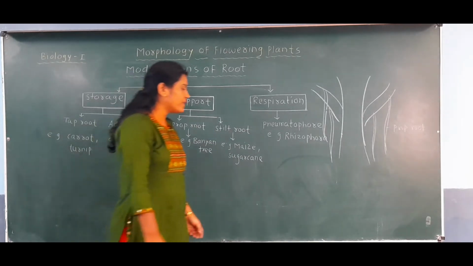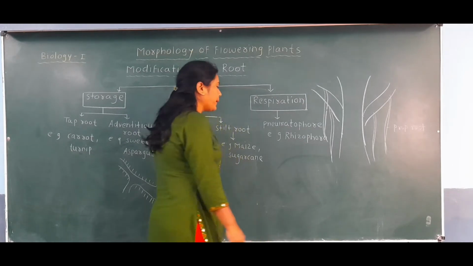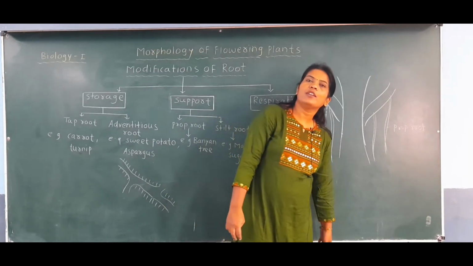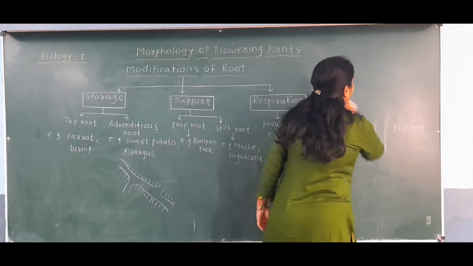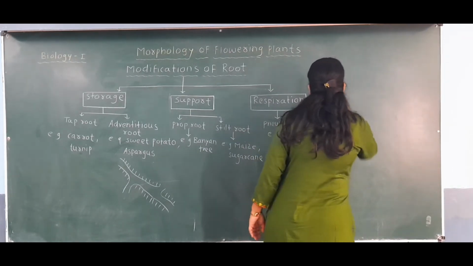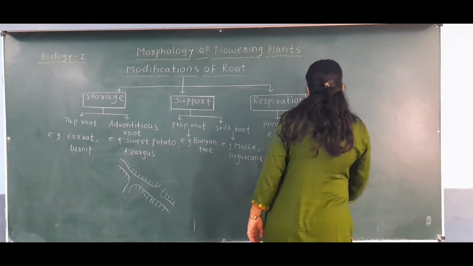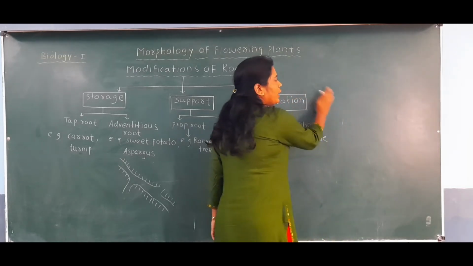So here we will see the figure of one plant, that is the maize. Like that, sugarcane also produces stilt roots. So we have to see from which part of the maize you can observe the stilt root.